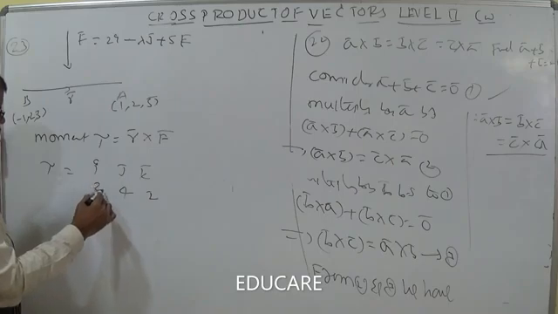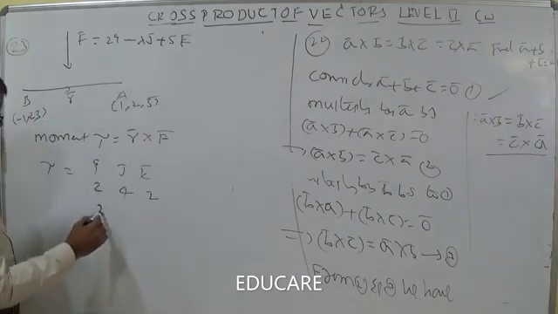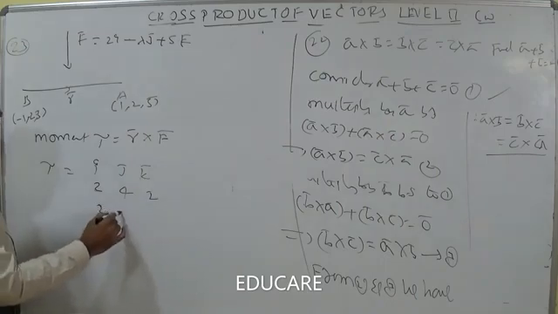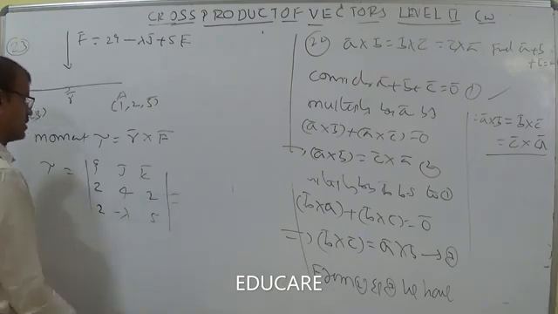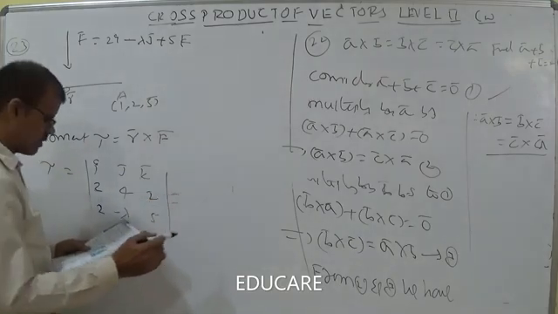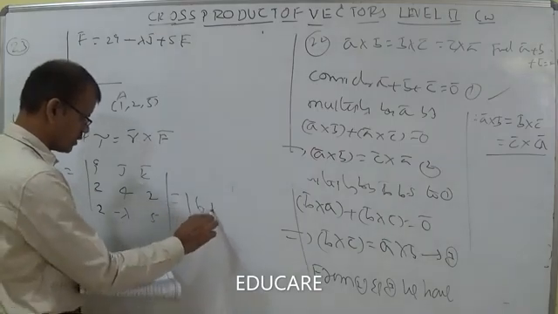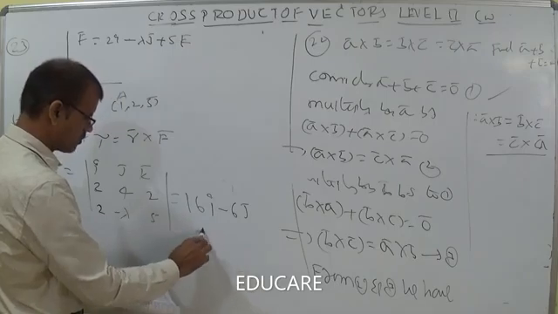So we got 2, 4, 2, and here the force is 2, minus lambda, 5. This is equal to the moment value he has given: 16i minus 6j plus 2 lambda k.